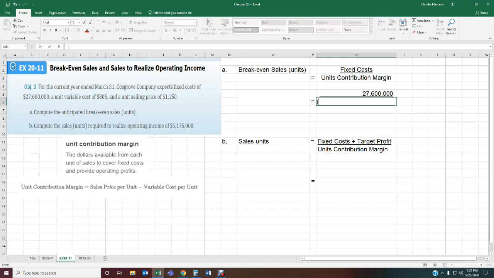Your unit contribution margin is your sales price, and my sales price is $1,150, minus your variable cost per unit, which is $805.